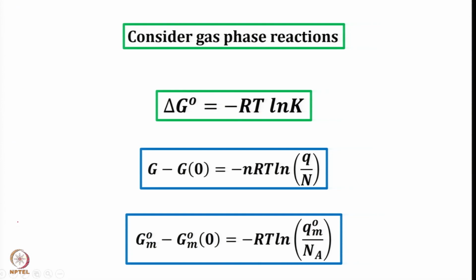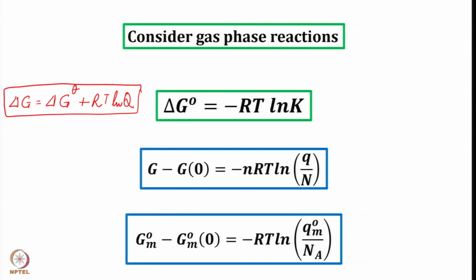In classical thermodynamics, we derived this equation, delta G naught is equal to minus RT log K, based upon a certain derivation which started from delta G is equal to delta G naught plus RT log Q. In this equation, delta G is the change in Gibbs free energy.